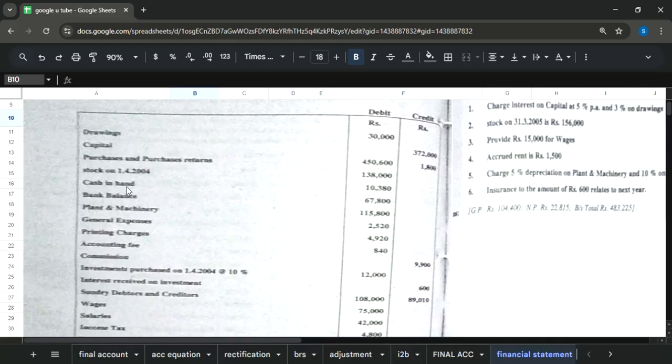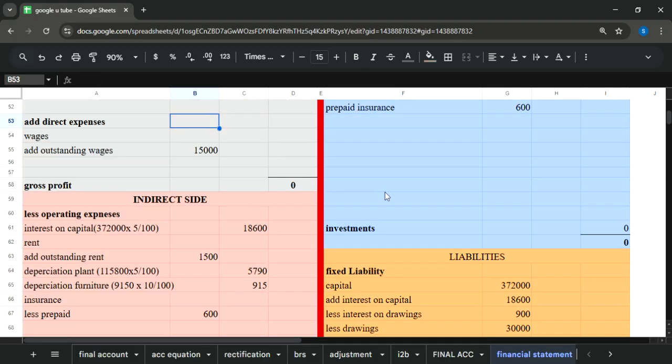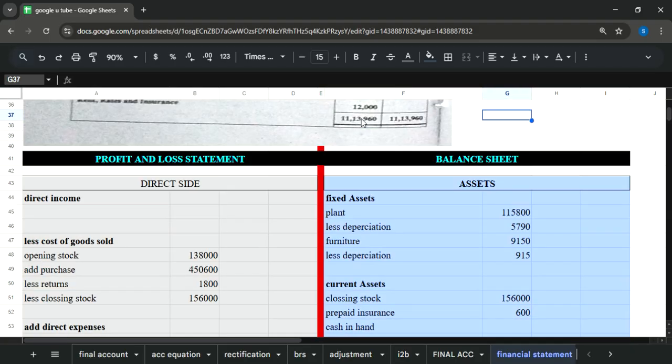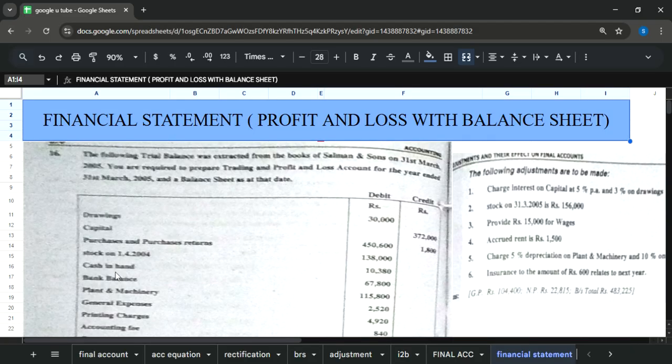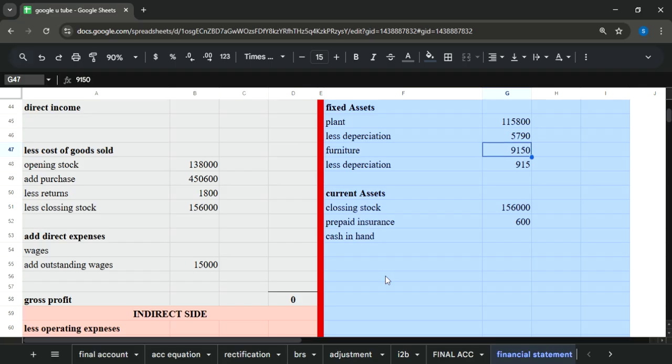Now cash in hand. This is your current asset. So here you will first write down the name, cash in hand, and then after cash in hand we will enter the amount 10,380. So let's write down 10,380.